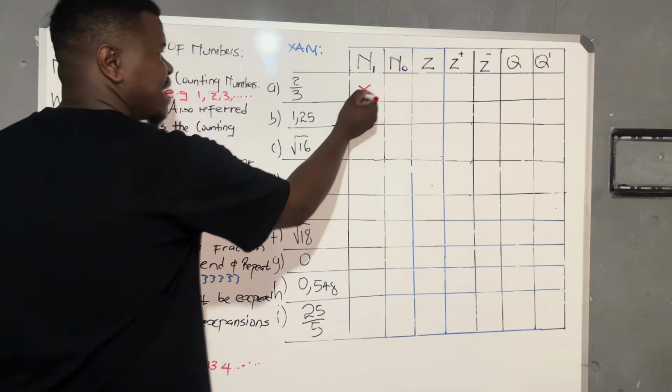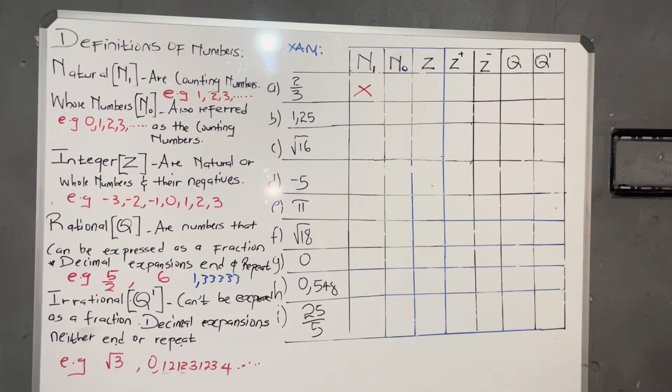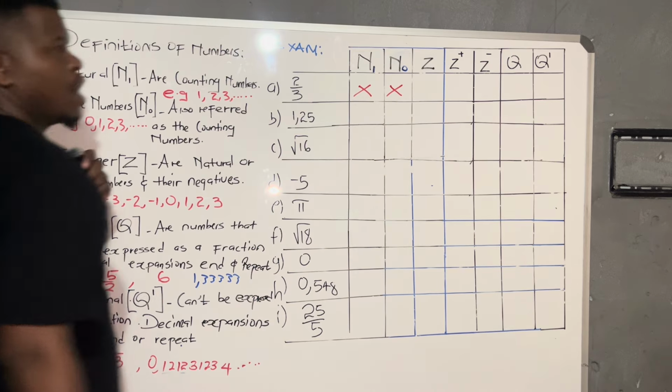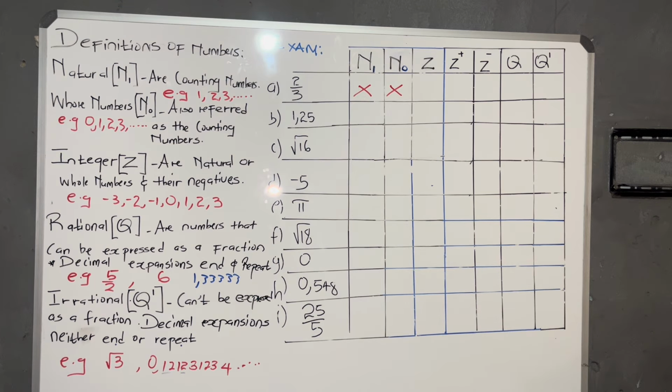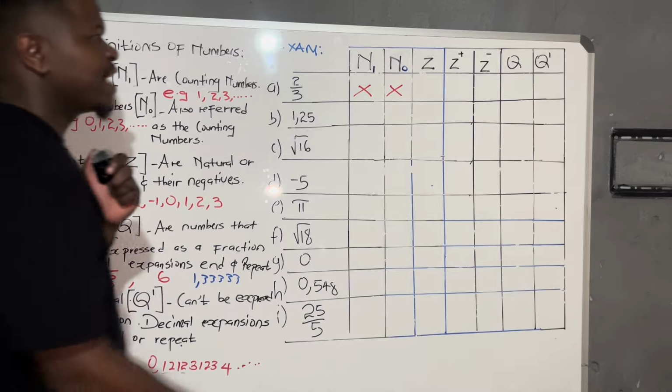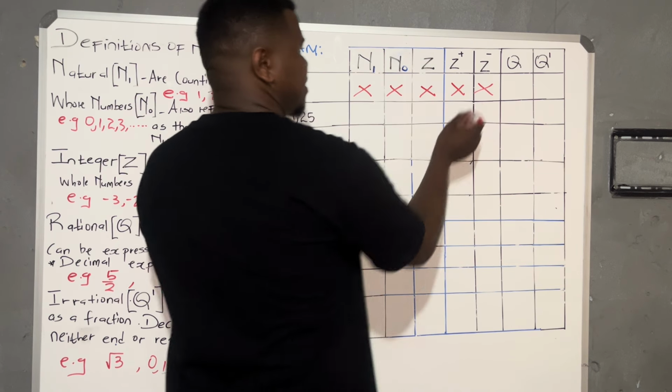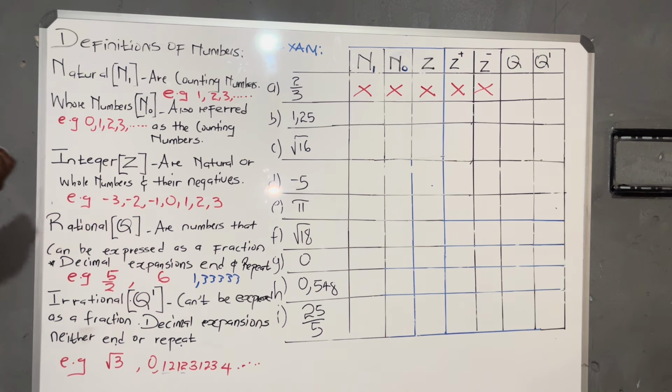So it's no. It cannot be for natural numbers. It cannot be part of the whole numbers as well. Look what they said about integers. No, this cannot be part of integers, whether positive or negative. It cannot be.